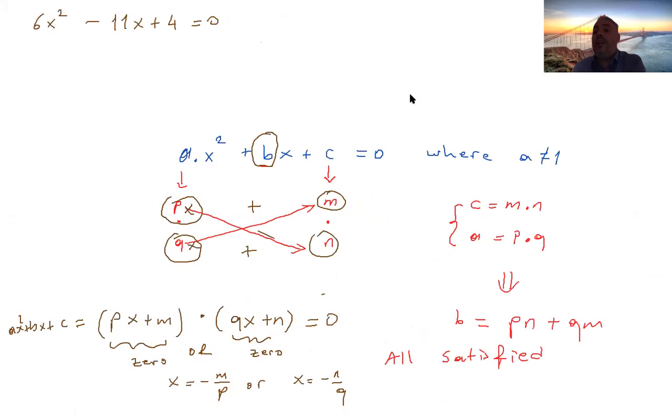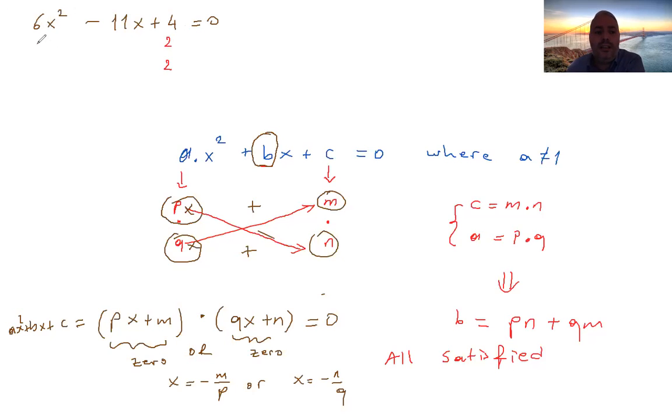By the way, how lucky you are, you can find it easily. Sometimes it could be difficult, okay? Now, we will try the alternatives. So number 4 could be 2 times 2, could be 4 times 1. Let me try 2 by 2. 2 times 2 is 4. And 6 is 6 times 1, 1 times 6, 3 times 2, 2 times 3.